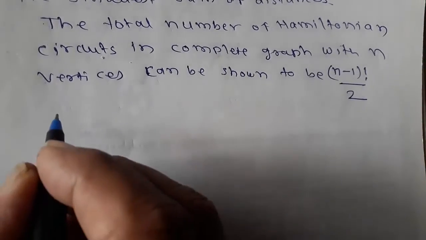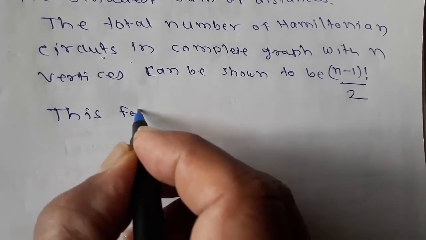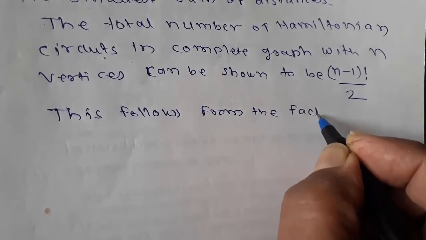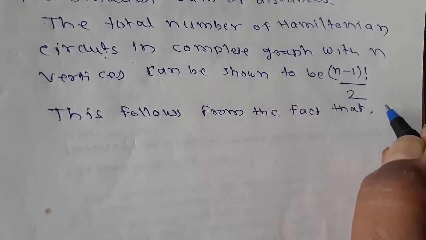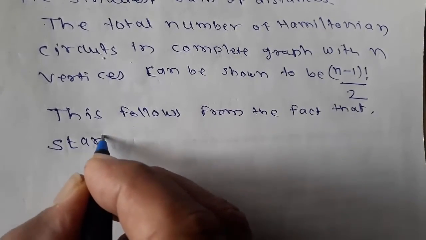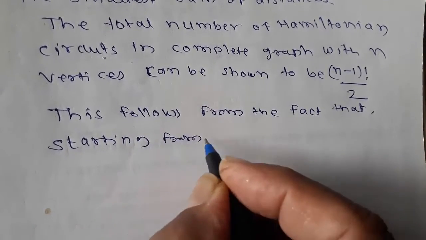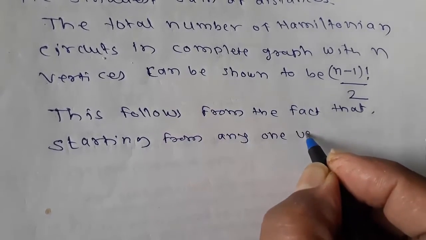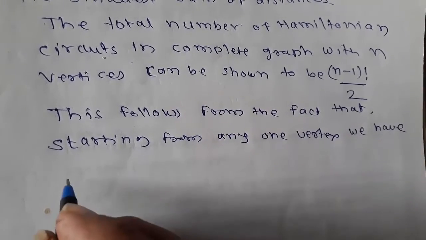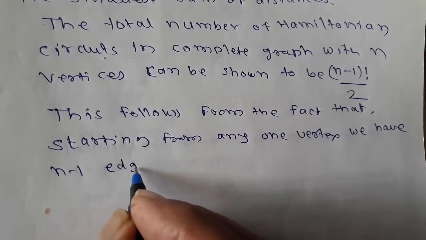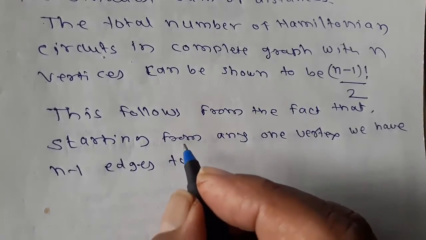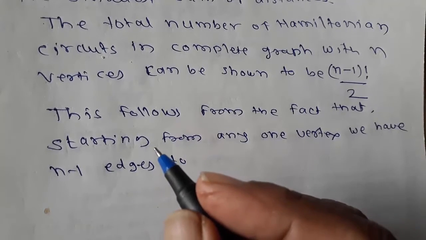How this follows? This follows from the fact that starting from any one vertex we have n minus 1 edges to choose from the first vertex.